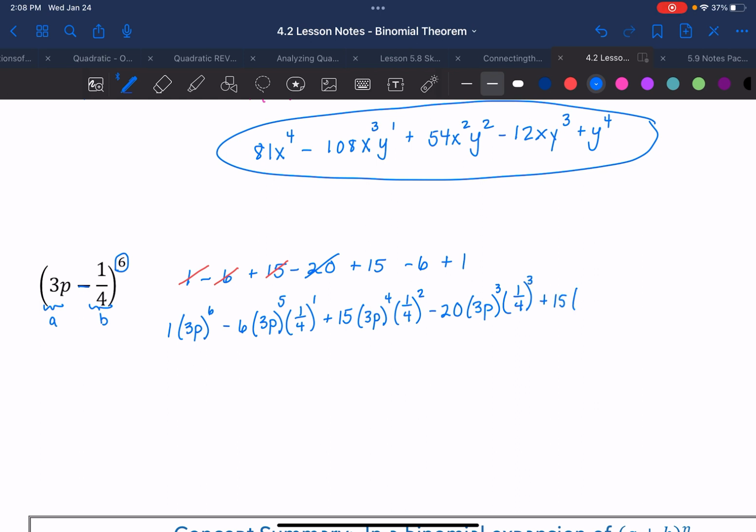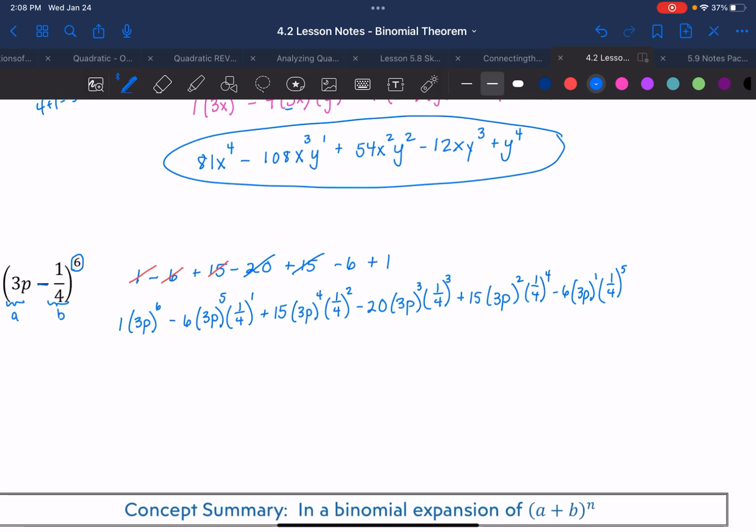Plus 15, 3p to the 2nd, 1/4 to the 4th, minus 6 times 3p to the 1st times 1/4 to the 5th. And we will finish with plus 1. My 3p will go to the 0 power, which is just 1, times 1/4 to the 6th power.